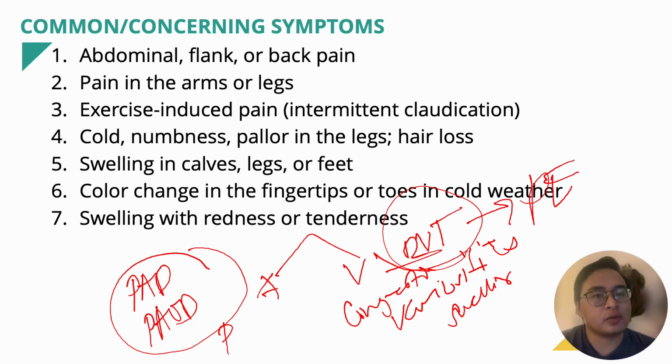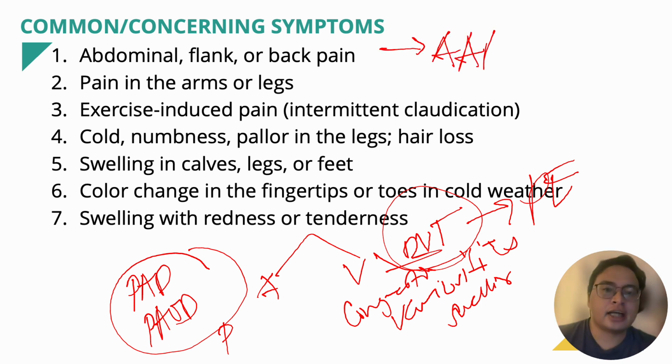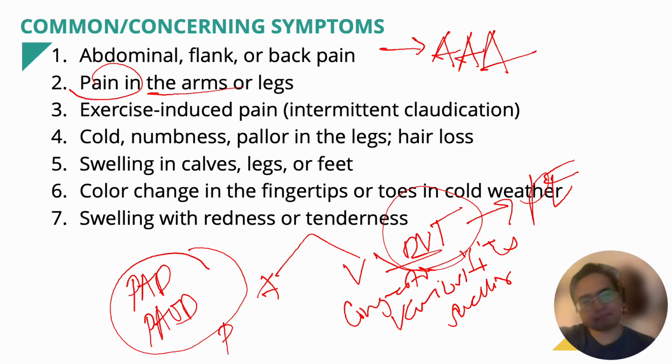So let's start with the first concerning symptom, which is abdominal, flank, or back pain, because that is suggestive of abdominal aortic aneurysm. So this is a dilation of the abdominal aorta, and it's dangerous because it will cause sudden death, especially if it bursts suddenly. Okay, so if you have a problem with blood supply in your extremities, it's going to manifest as pain in the arms or legs.